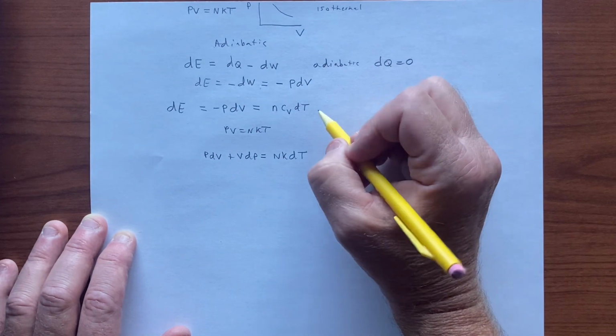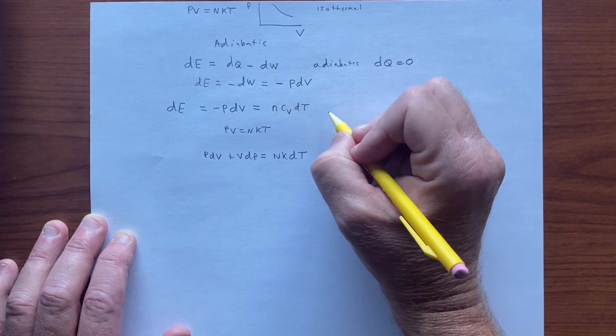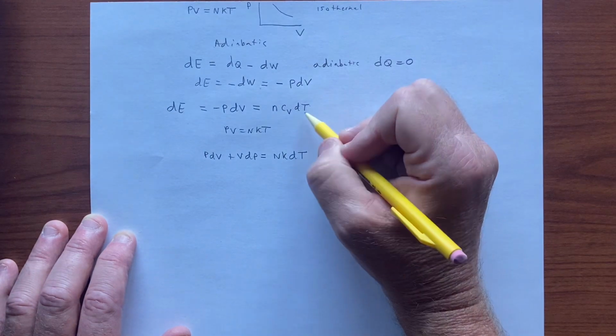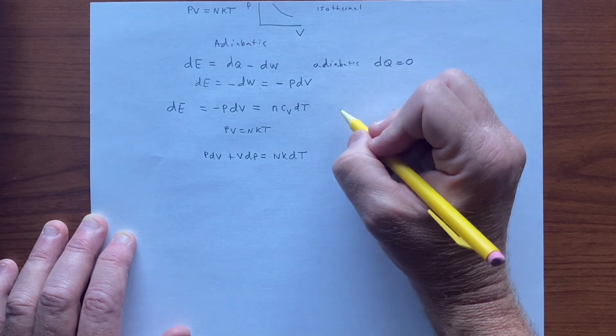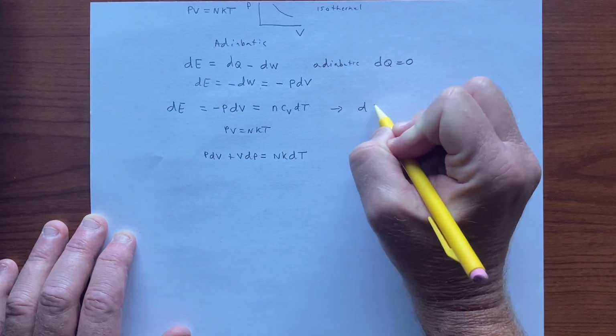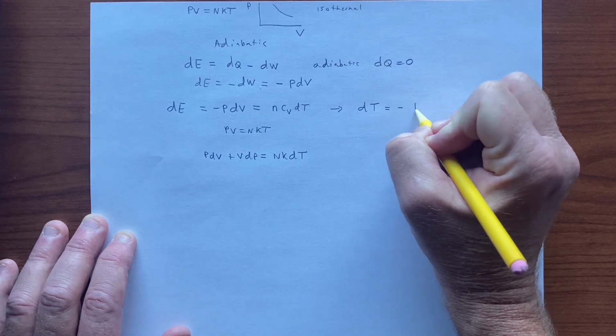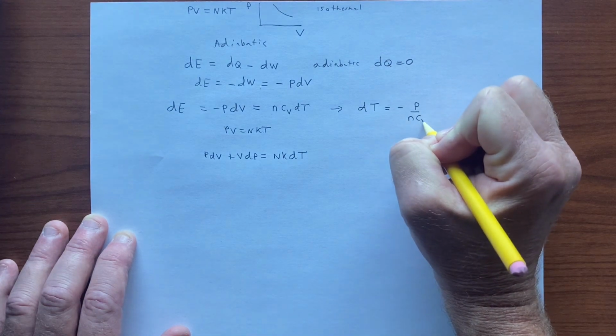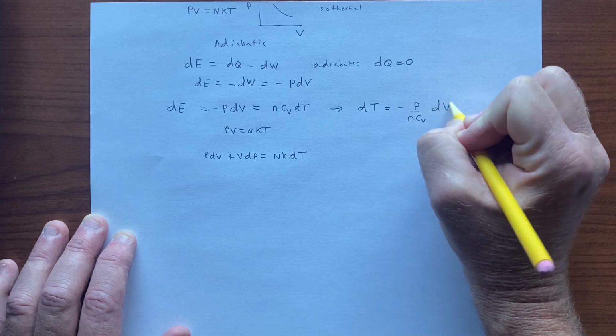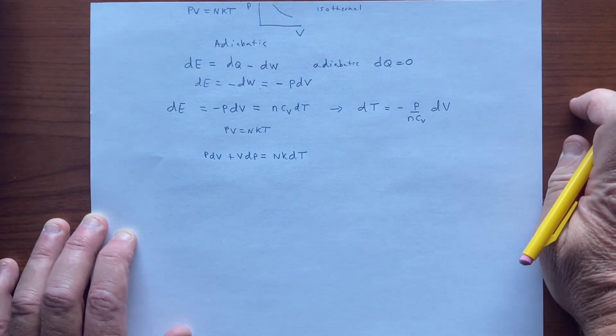But I can use these two expressions to get rid of the temperature. So I can say that dT is equal to minus P over NCv dV, plug it into here and get a relationship.